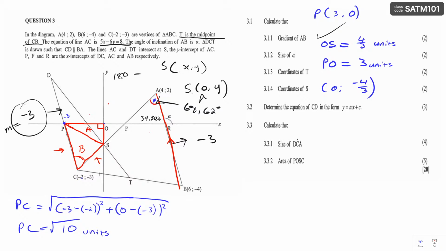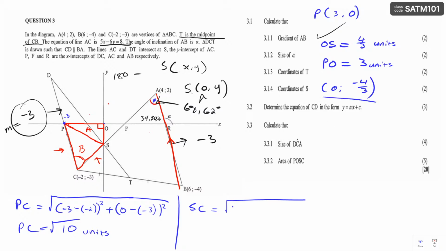So now we need to calculate the distance of SC. I'm still going to do the same thing, guys. Let me show you. So SC is going to be the square root again of what? What is the value of S here? S, I said, is this one.